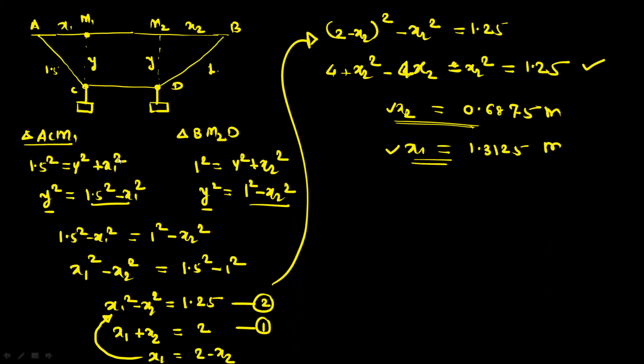For that we have to find this y distance. You can use any one formula: y square is equal to 1.5 square minus x1 square, or y square is equal to 1 square minus x2 square.